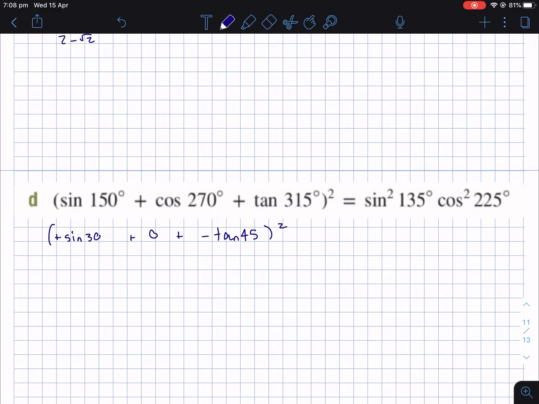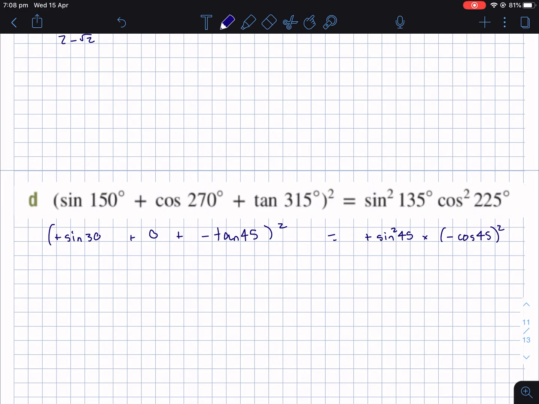That's squared. We're going to try and show that it comes out as sine 135 squared. Now sine 135 was the same as positive sine 45, and that's squared, times cos 225 SATC, so that's negative cos 45 squared. Okay.